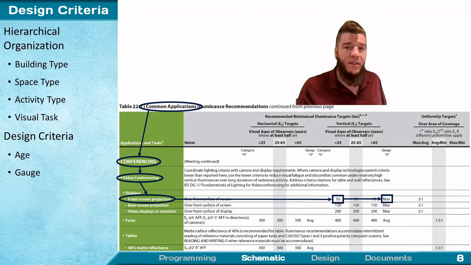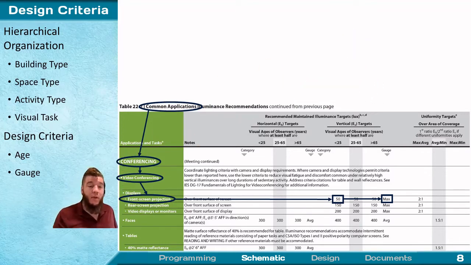Because our task in this case is a front screen projector. So in this case, the lighting we need to provide is less lighting, not more lighting, because in order for this visual task to function properly, we can't drown out that projector screen. So this is actually going to be set as a maximum of 50 lux instead of an average because we don't want to go over that.